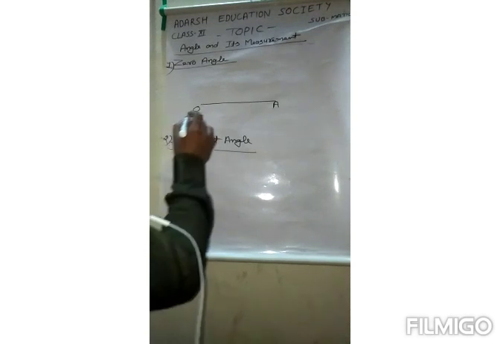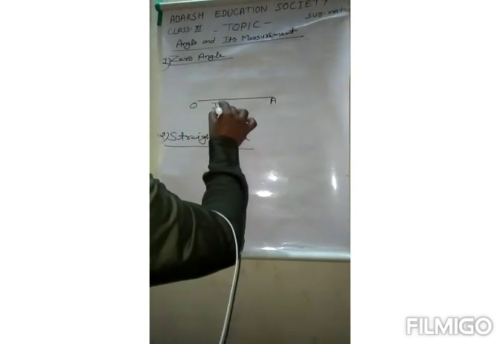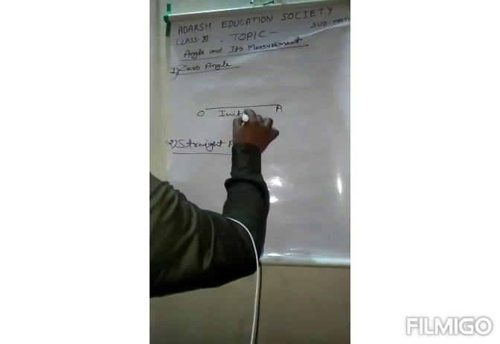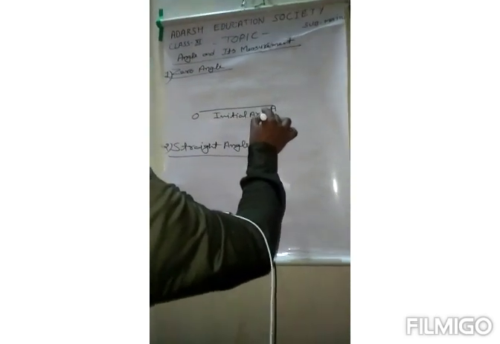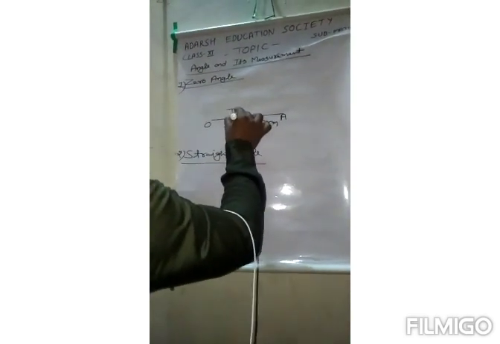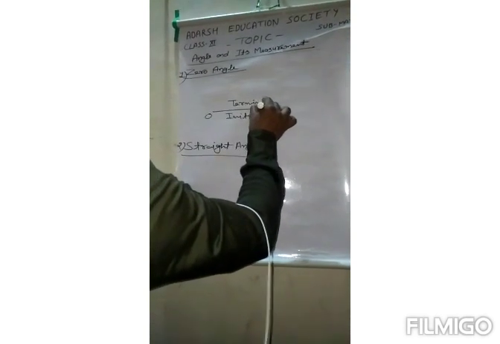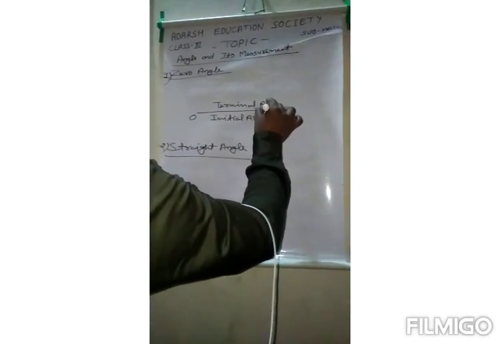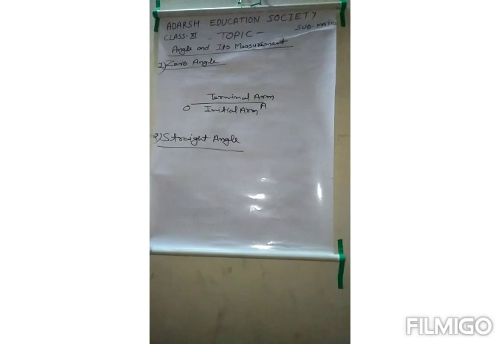In other words, if the initial and terminal arm are both represented by the same ray, then it is called the zero angle. It is easy to understand. If no sense of rotation has started from the initial arm, then the angle is called the zero angle. I hope you understood.